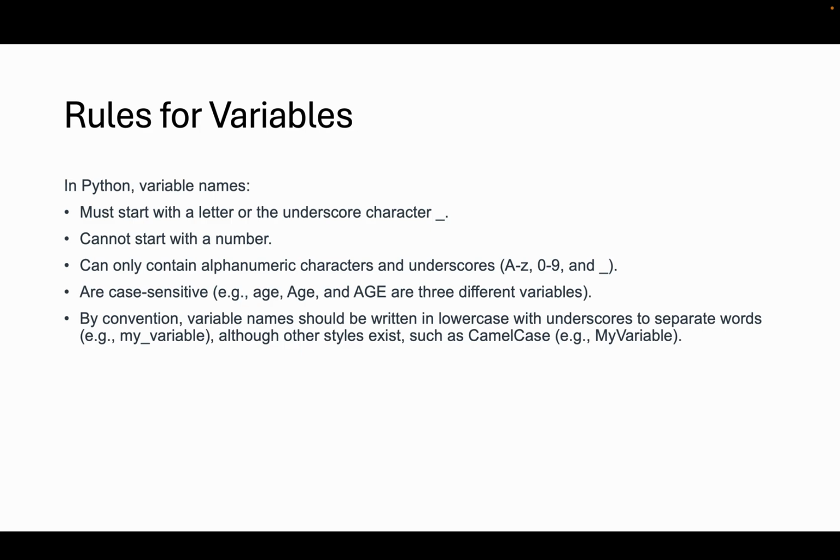For example, the camel case, where you use for each word always the uppercase at the beginning. But in Python, the convention is when you are declaring variables, it is better to use the underscore to separate the words within the variable name. And this is called snake case convention.